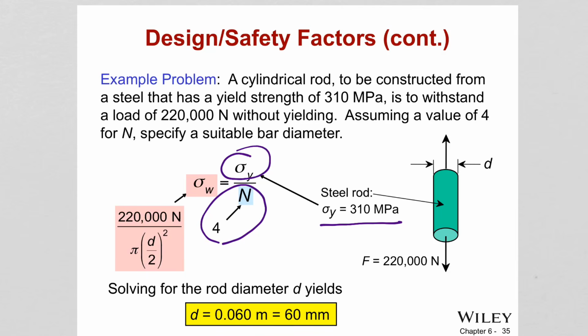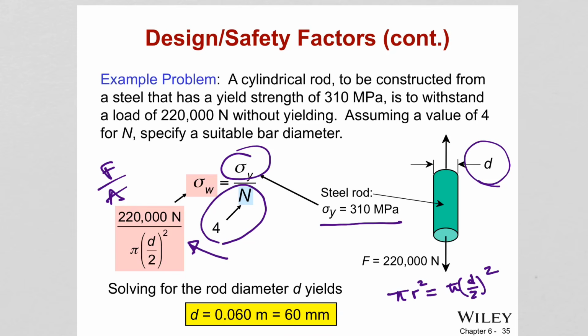From that you can calculate, because the working stress is the force over area, and the area is pi r squared, with r being d over 2, so pi (d/2) squared. So this is the area and this is the force.